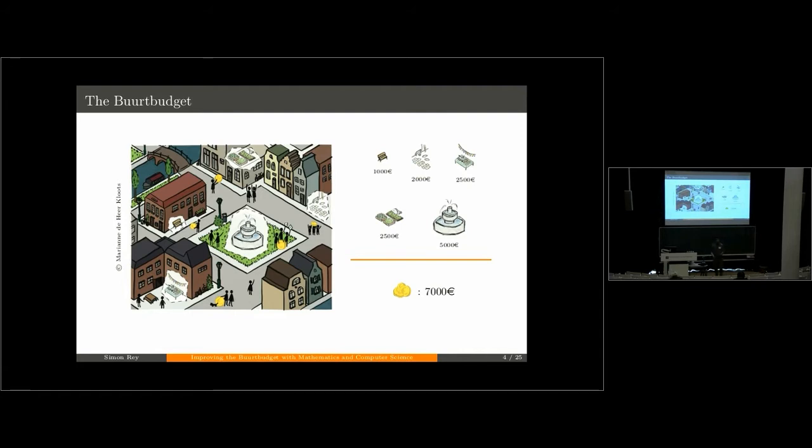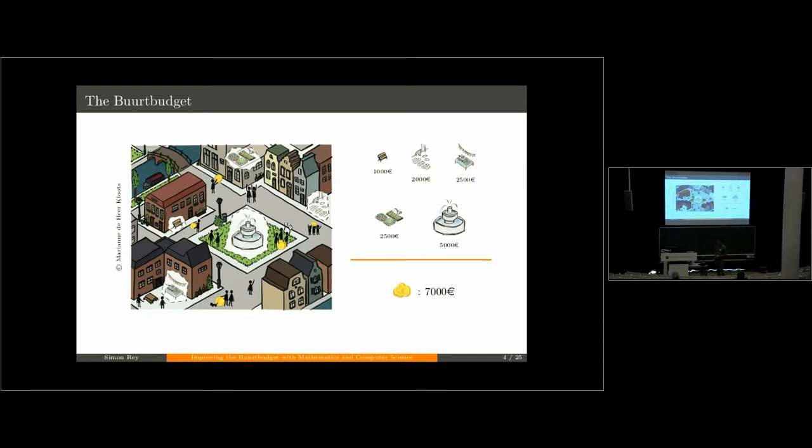And that's what is called the Buurtbudget, or participatory budgeting in English. It's the idea of allowing the citizens to express their opinion on a project when it comes to public funding, public money spending decisions.